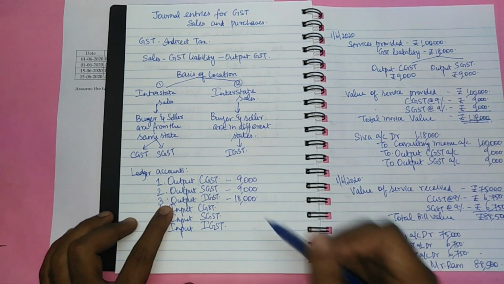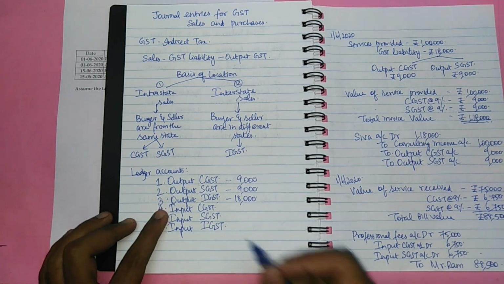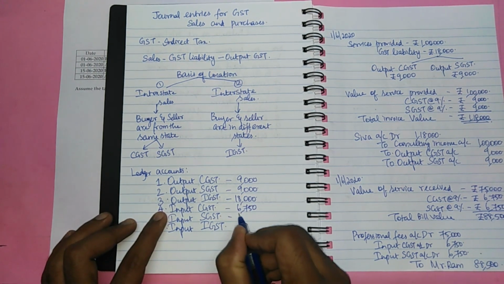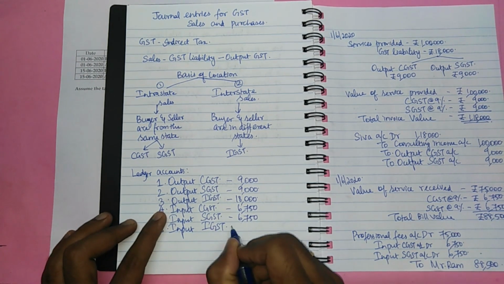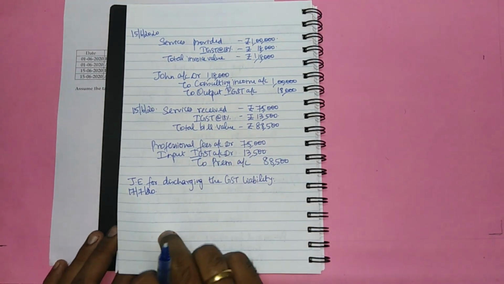Now input CGST we have rupees 6,750 and input SGST also we have rupees 6,750. So let us write here 6,750, 6,750. So input IGST, we have input IGST 13,500.